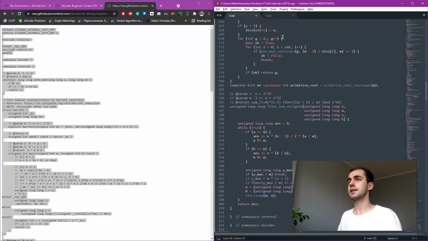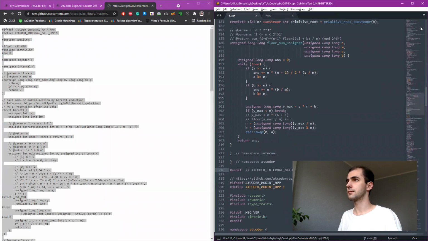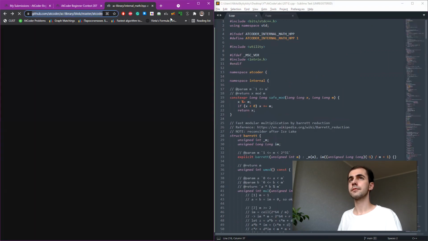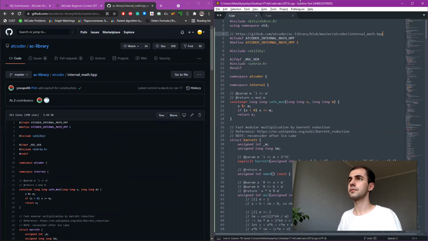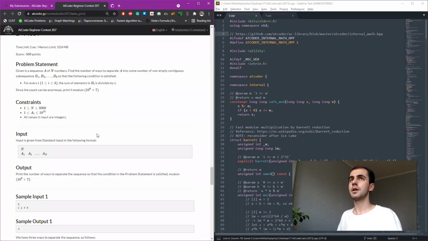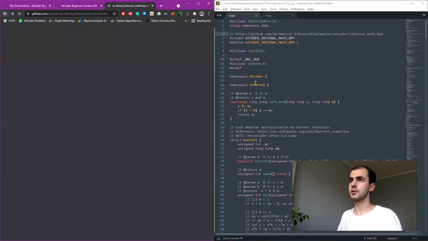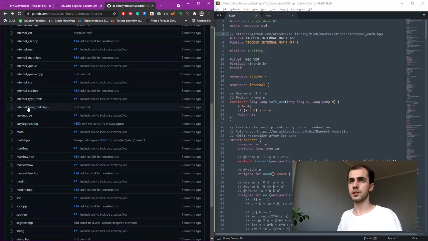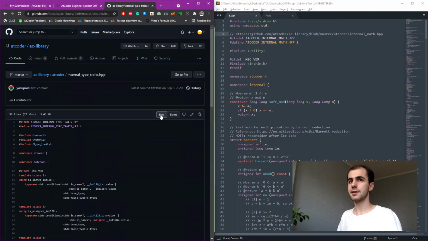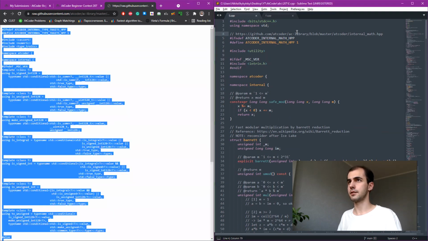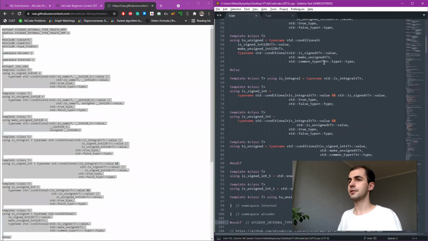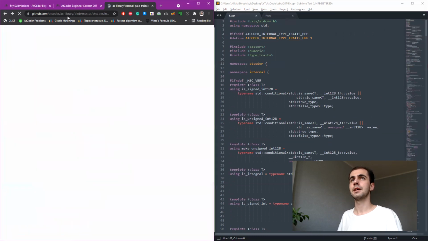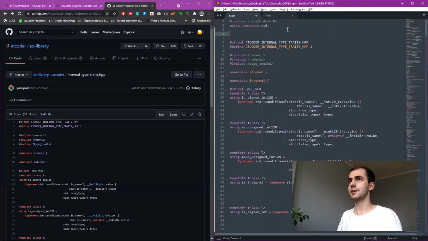That's not that nice as I thought it will be. I imagine that we also want internal type traits or something like that. Where's type traits? Okay. Well, at least it does not include anything itself. So it's like there are not that many recursive dependencies. I hope our source code is not getting too big.